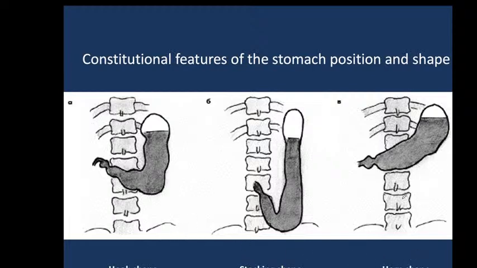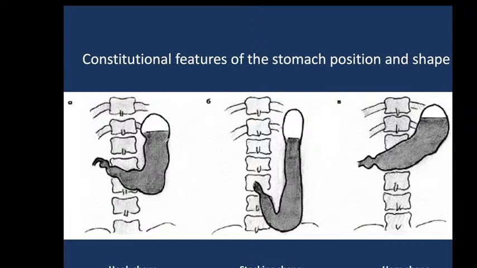Hypersthenics, maybe you remember, is a big and large body. Asthenics is usually a long and tall body, and normosthenics is normal, between those.